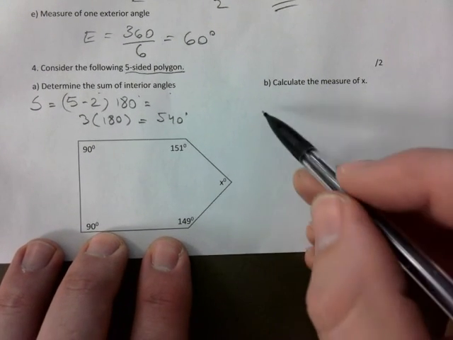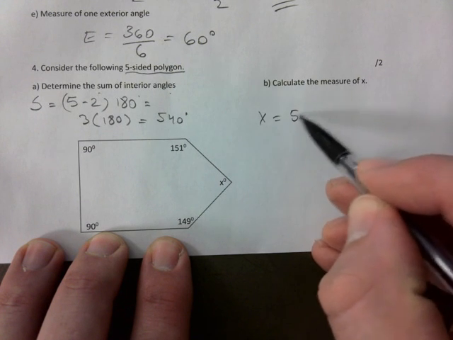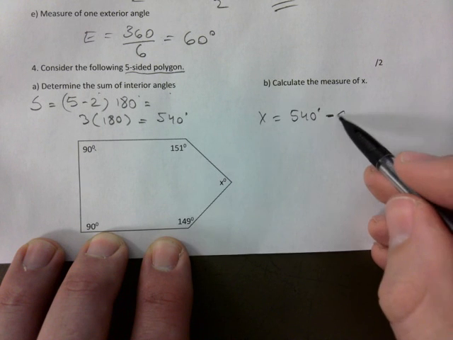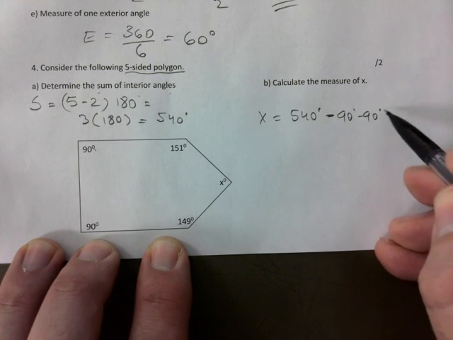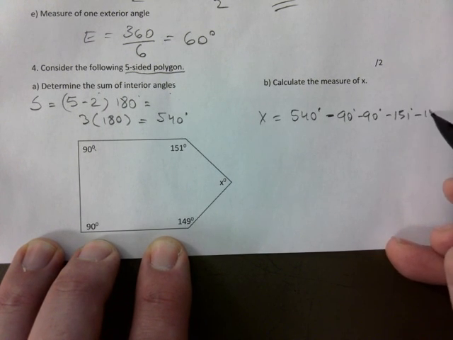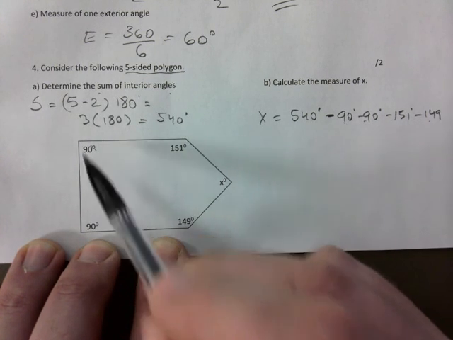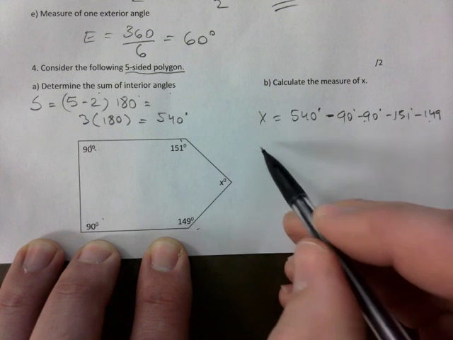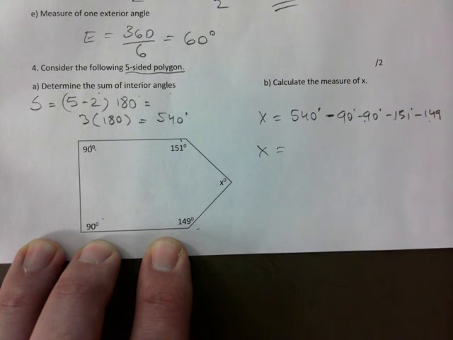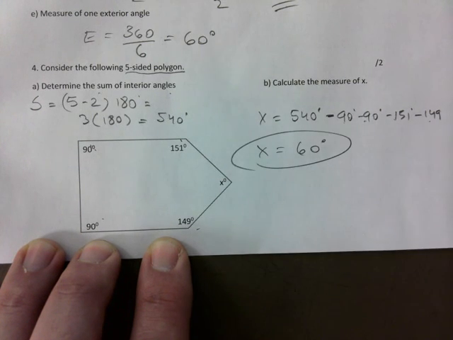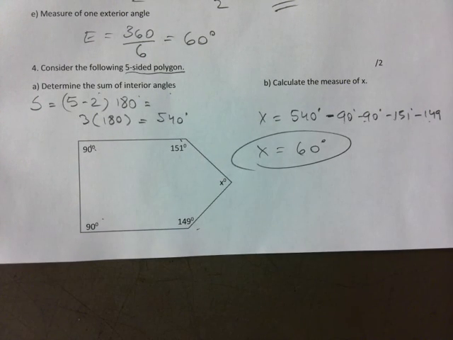So calculating x, therefore, is going to be 540 minus, I'm going to subtract all the angles that I know. These 4 are known to me. I just read them off. And so that adds up to 60. Simple as that.